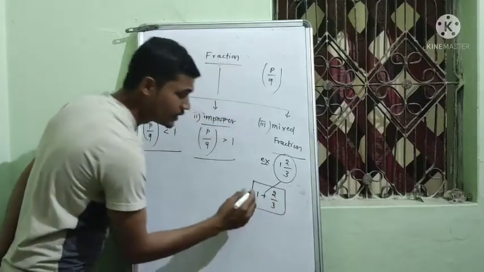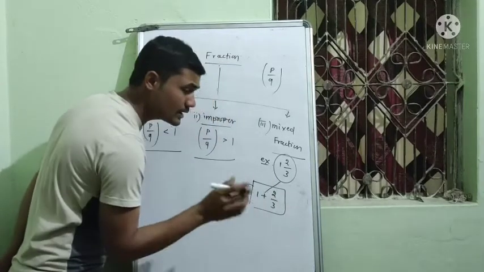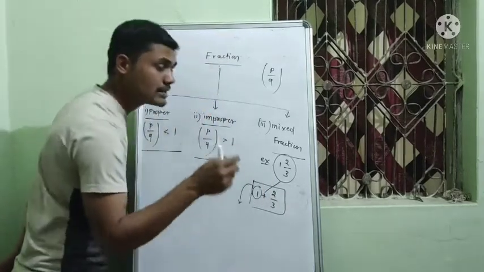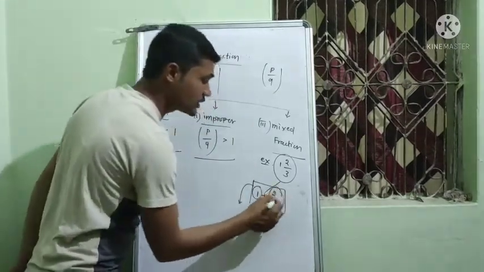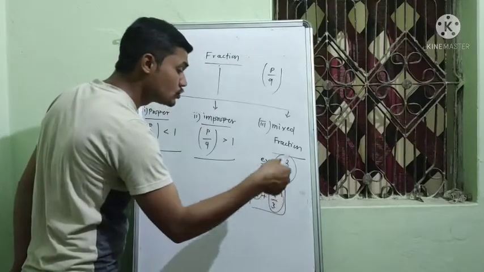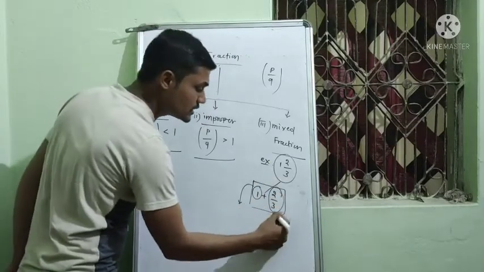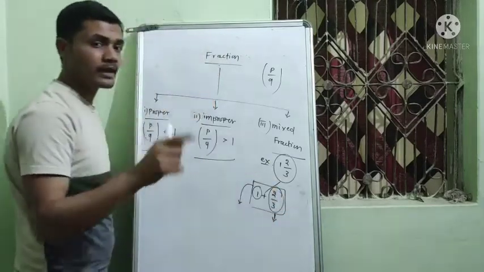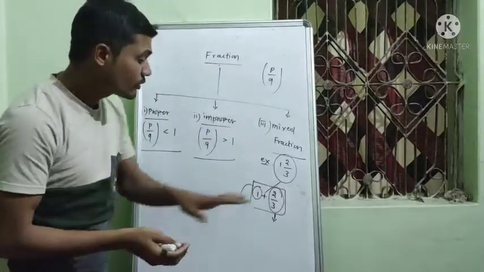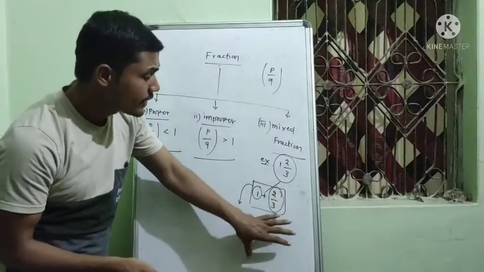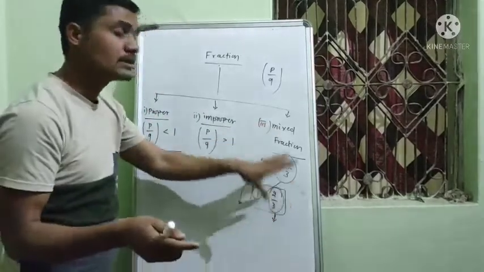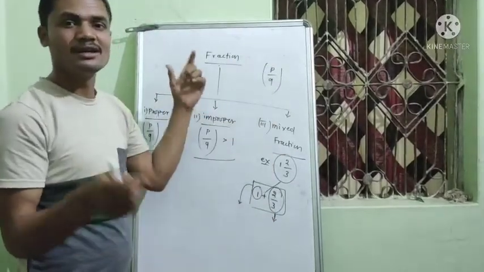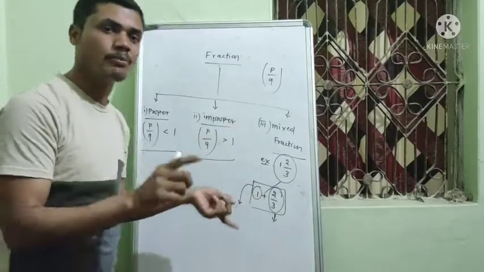Here 1 is the integer part, or we can say a whole number, and 2 by 3 is a fraction. Which type of fraction is it? It is a proper fraction. Why? Because the value of the fraction is less than 1, so we call it a proper fraction.